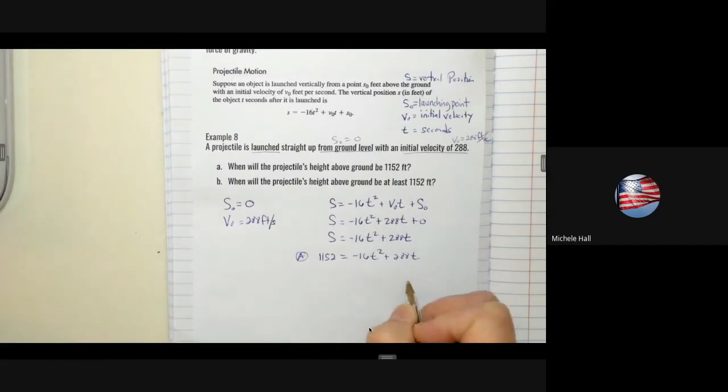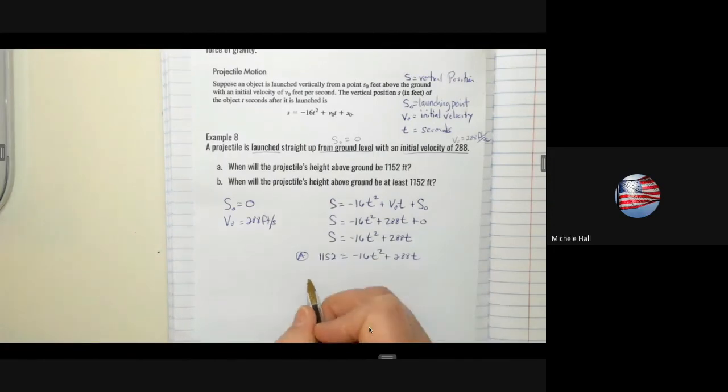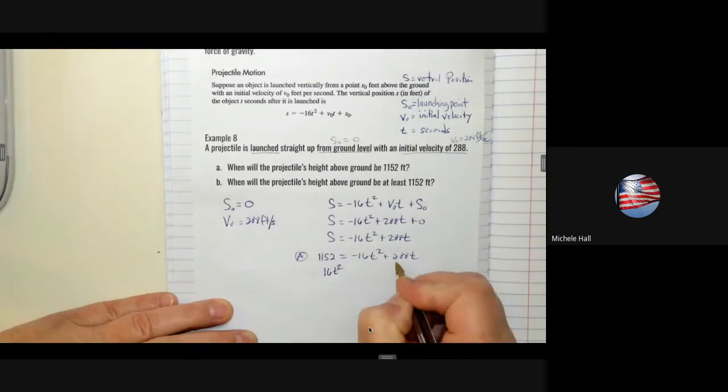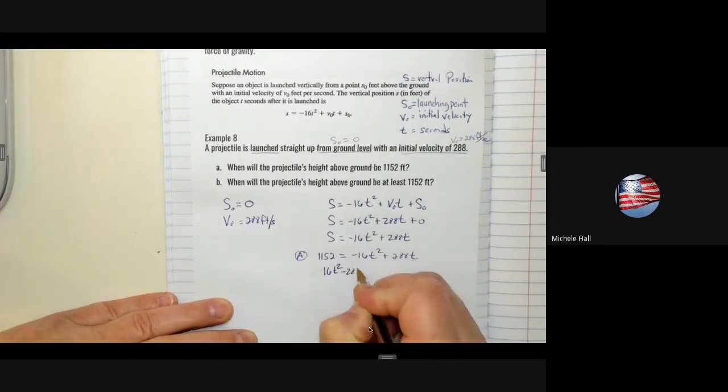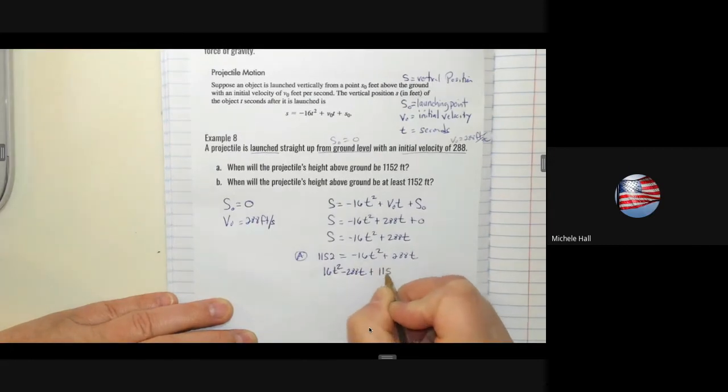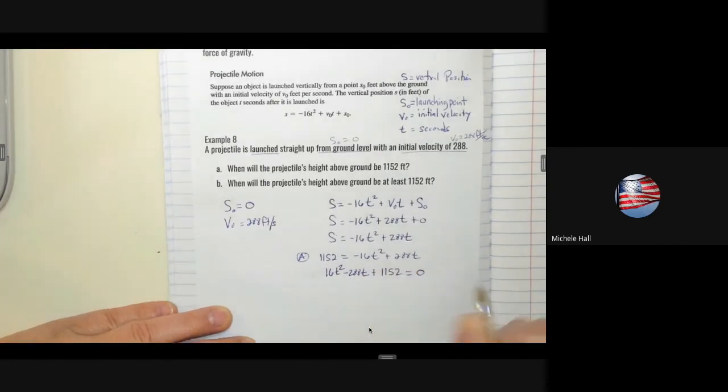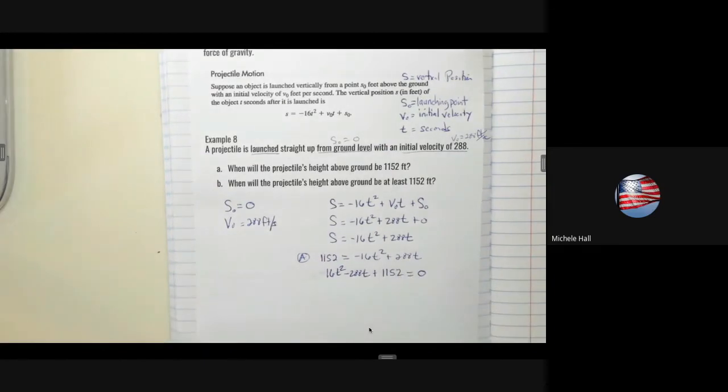Put everything on the same side. Let's move our t squared to the left, so it'll be positive. So we have 16t squared minus 288t plus 1152 equals 0. So we just shifted our terms to the other side. Let's see if we can reduce this down at all.